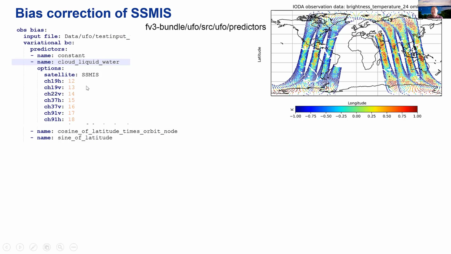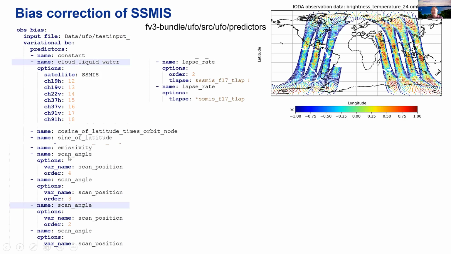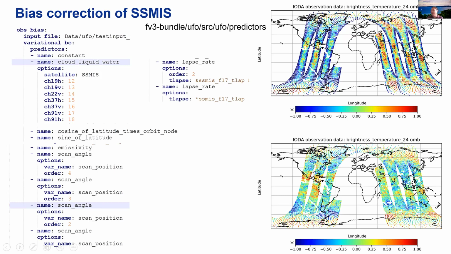We also found that the cosine of latitude and the sine of latitude, these two predictors, are mainly for the ascending and descending node dependent biases, and also emissivity, scan position dependence, and lapse rate. So after bias correction, you will see it is more uniform. The remaining departures should reflect the model error.